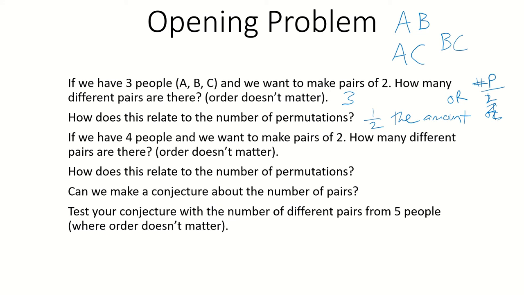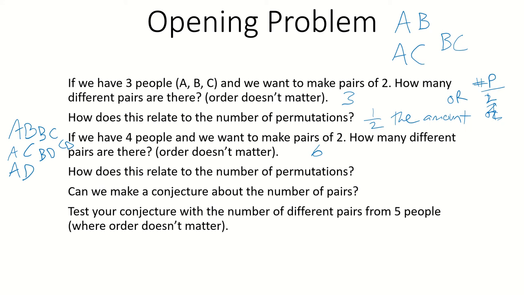Now, if we have 4 people and we want to make pairs of 2, how many different pairs were there? Well, you should have got, if we had 4 people now, person A, B, same as before, A, C, but now we had A, D, and we would have had B, C, B, D, and then C, A and B is already done, so C, D. So we would have had 6.